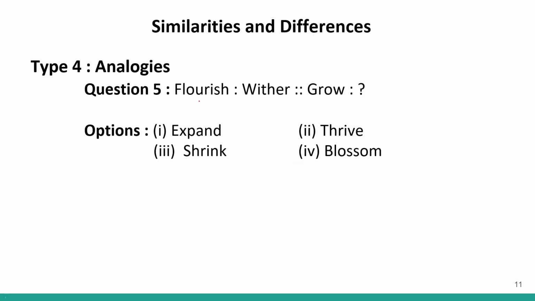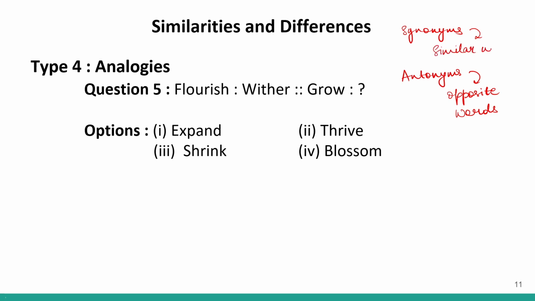Now, flourish is to wither as grow is to what? If you remember, I told you the concept of synonyms and antonyms. Antonyms are opposite words. Similarly, synonyms are similar words. Over here, flourish means to grow and wither means to shrink down.